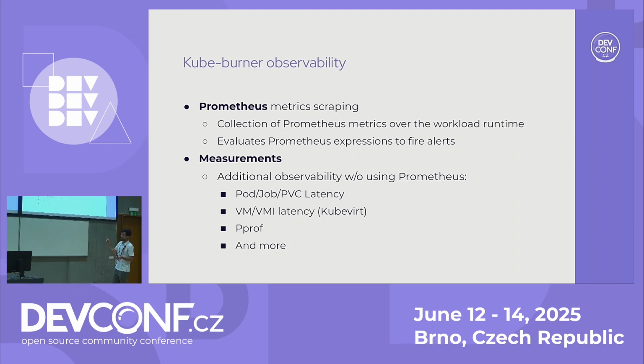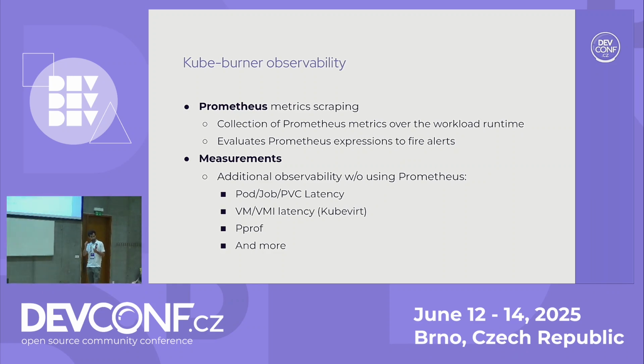And measurements, which are basically to provide additional observability without using Prometheus. These are some of the measurements we support at the moment. We support pod, job, PVC latency, and VM, VMI latency. By latency, I mean ready latency, the time it takes from creating a pod until the pod is up and running, including the readiness probes, the init containers, and everything that happens in the middle.